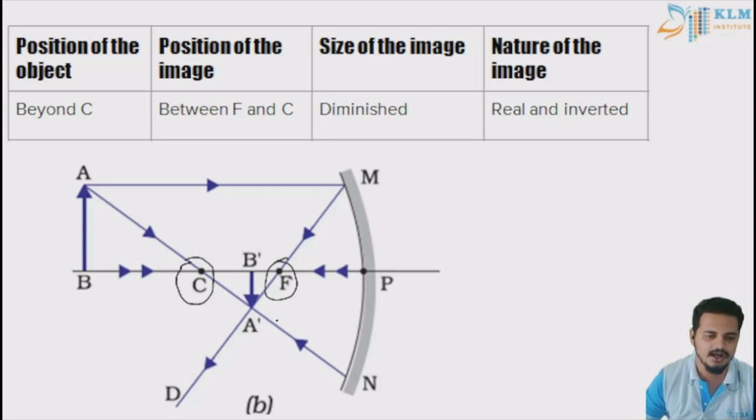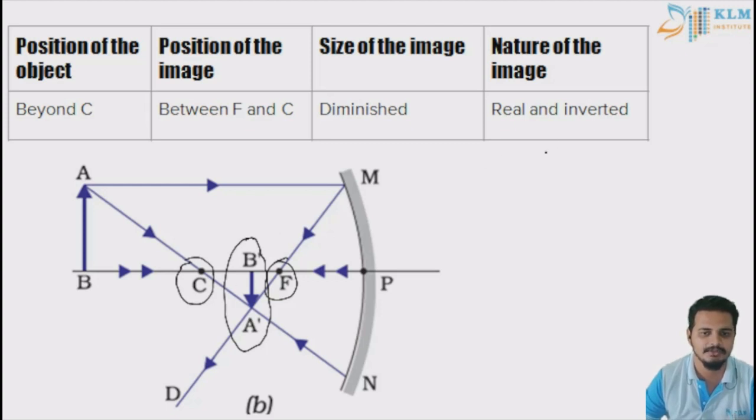It is reflecting back in the same direction. Where is the image formed here? Here you can see the rays. Here the image is formed. The size of the image is a little diminished, but it is not point sized.